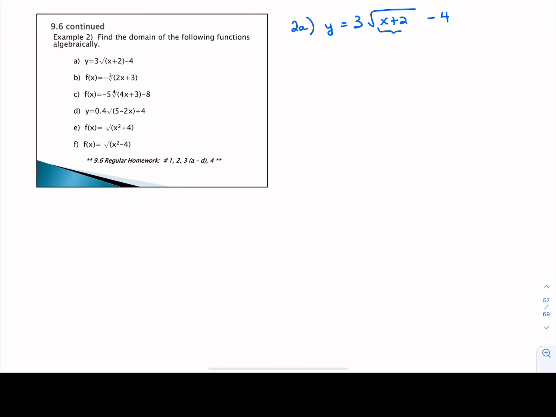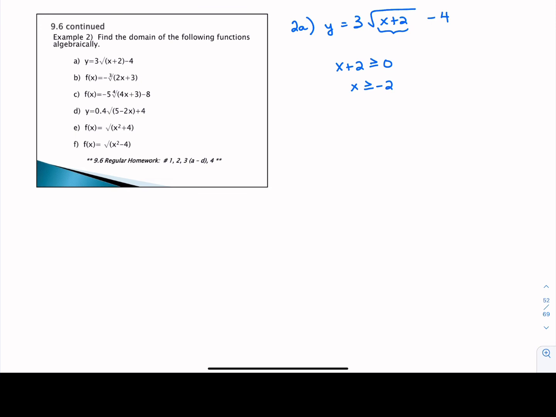So we have to be mindful that the radicand, or x plus 2, stays greater than or equal to 0, because we know we can't take the square root of a negative number. So this just becomes a little inequality for us to solve. So if x plus 2 is going to be greater than or equal to 0, then x must be greater than or equal to negative 2 if you subtract 2 from both sides.